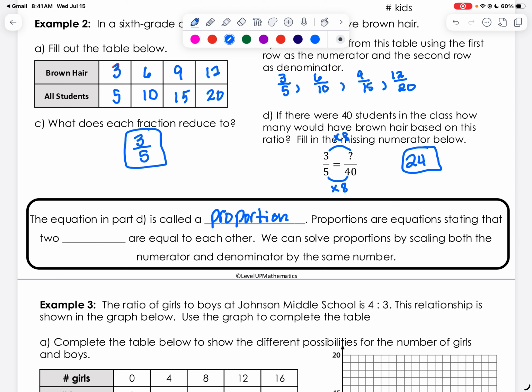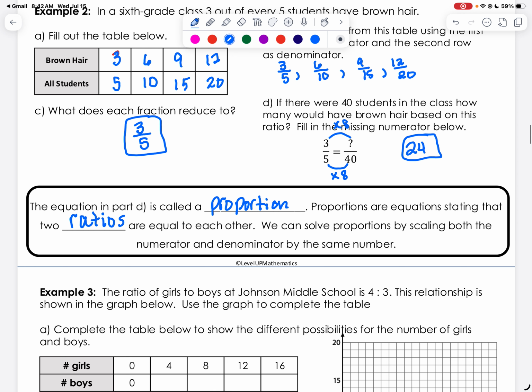Proportions are equations stating that 2 ratios are equal to each other. We can solve proportions by scaling both the numerator and denominator by the same number. So in problem D, we scaled both the numerator and the denominator by 8 to answer the question. So proportions allow us to solve ratio problems without using a table.